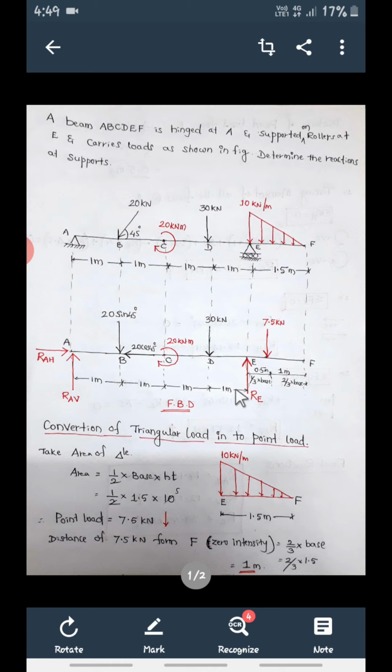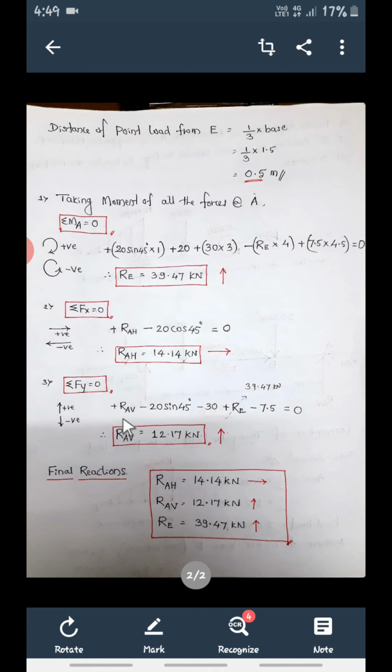So RAV and RE are positive, and 20 sine 45, 30 and 7.5 kilonewton are minus. RE we have already calculated, so substitute the RE value, that is 39.47, minus this 7.5. This is summation Fy, equal to 0. So you can calculate reaction RAV is equal to 12.17 kilonewton.